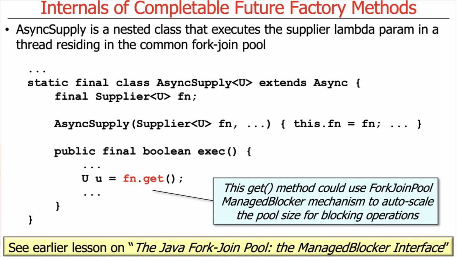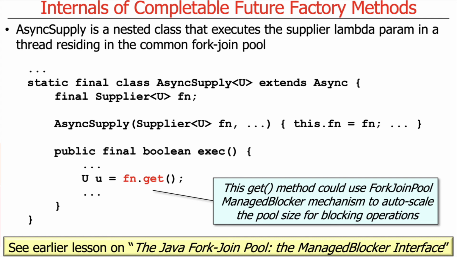And you can see what you're doing is you're creating a supplier lambda in the client program, in the caller, in the main thread. You're calling supplyAsync. You're passing in that supplier lambda. That supplier lambda is then being encapsulated in something called an AsyncSupply object. And then that AsyncSupply object is queued for execution with the underlying common fork join pool.